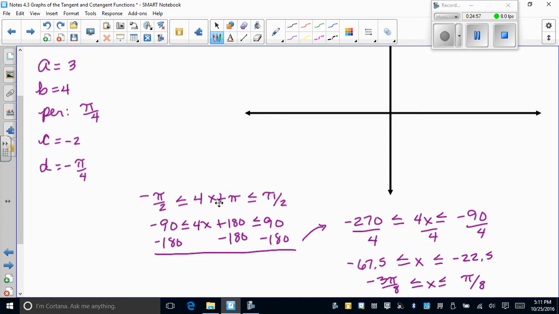So I don't want you panicking over this one, but I can prove that the period on this thing is pi over 4.